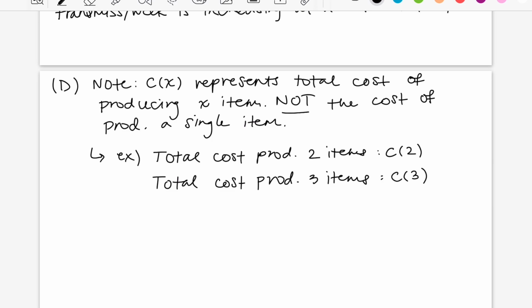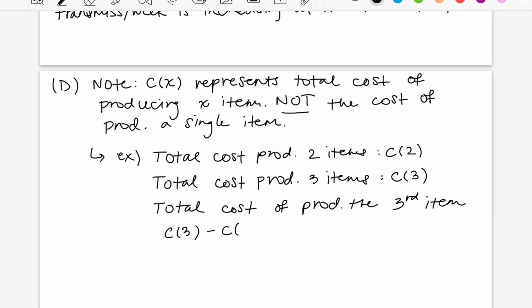So we're plugging 3 into X into our cost function. But the total cost of producing the third item is going to be C of 3 minus C of 2. So we're taking the total cost of producing this guy and then subtracting out whatever it costs to make the 2 before it, so we can look at the exact cost of the third item.